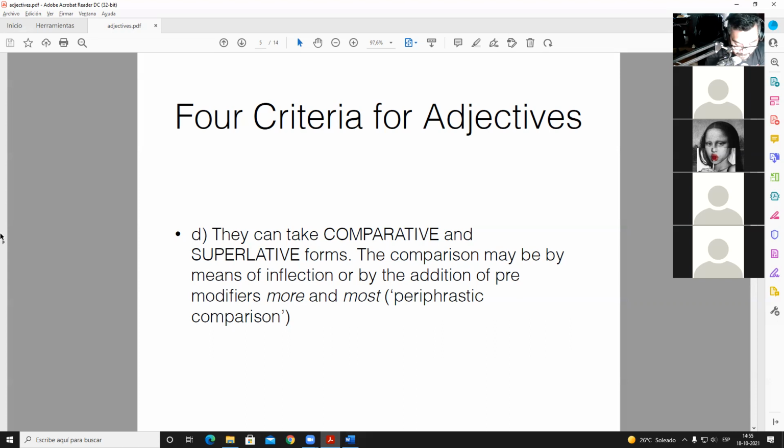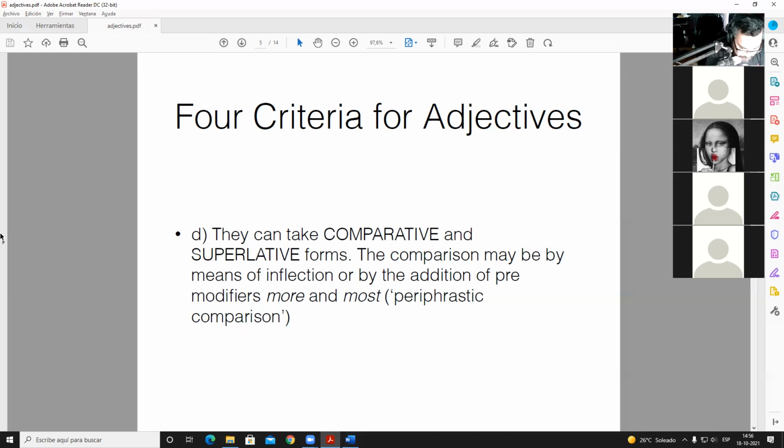In that respect, for comparatives, short adjectives are changed using the bound suffix inflectional morpheme er. And for the superlative, the short adjective turned into a superlative, we're going to use the bound suffix inflectional morpheme est. Therefore, bigger and biggest.